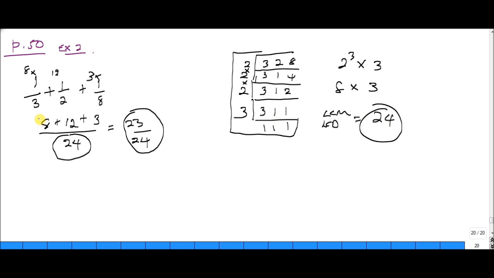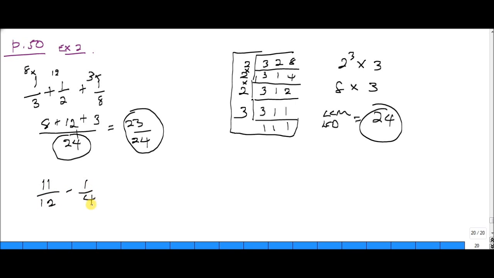So a third was now 8 over 24, a half was now 12 over 24, and 1/8 was now 3 over 24. Then we went to step C, which was add or subtract. In this case we're adding, and we got 23 over 24. So that's that.